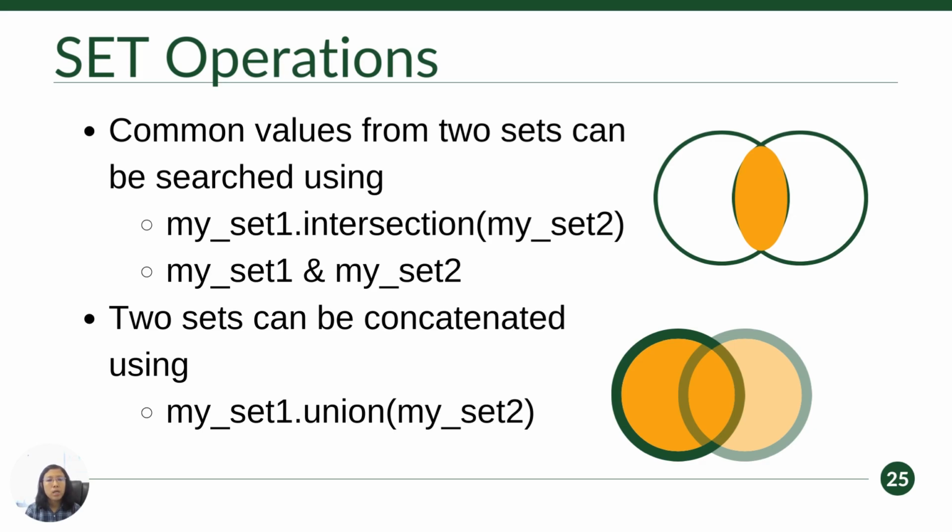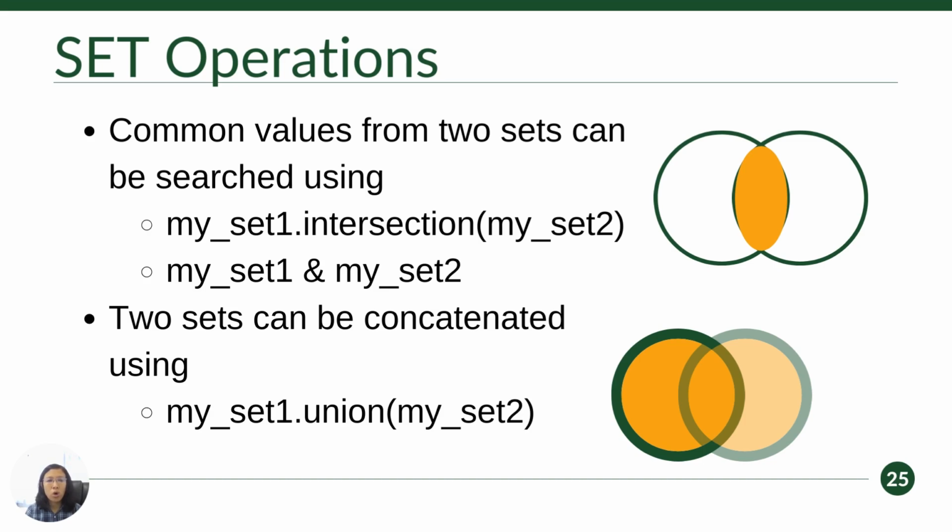If you recall your high school mathematics, sets had three important operations, right? The first operation is called intersection, to find the common values between sets. In Python, you can use either intersection or the ampersand symbol to find the common values between two sets. Or two sets can be combined using union.